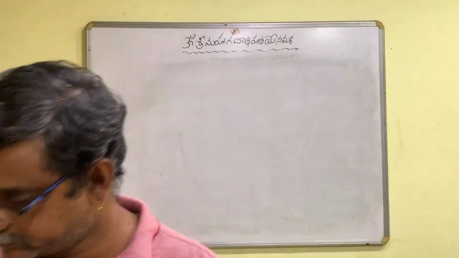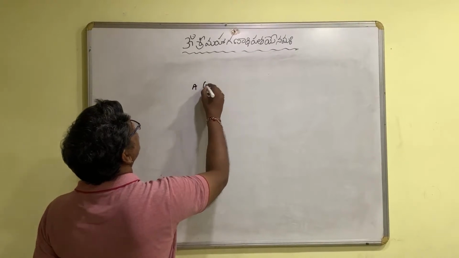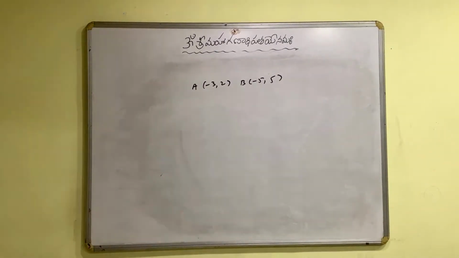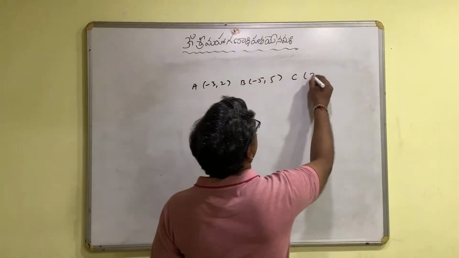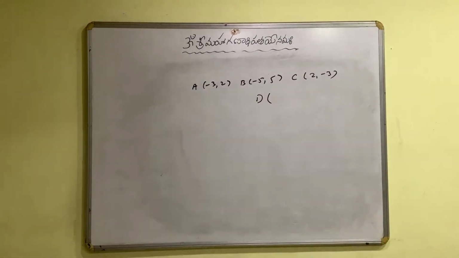Next question. A (minus 3, 2), B (minus 5, 5), C (2, minus 3), D (4, 4).